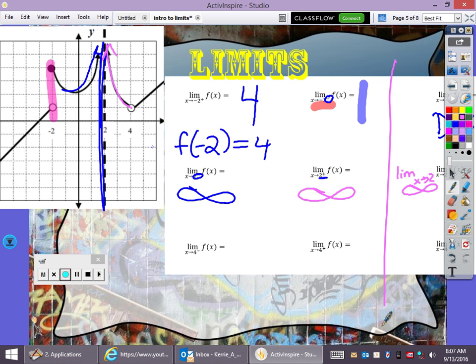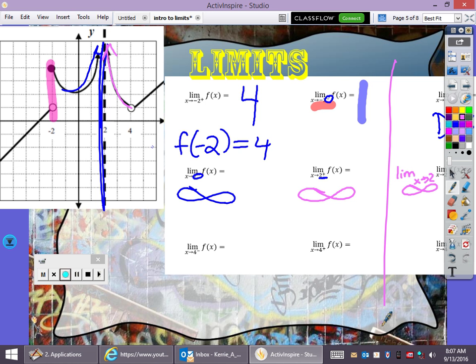I am now speaking to the exact limit, which is not on your paper. We will get to it later, but some people wanted to add it to their paper. Let's look at the last one, and then we're going to do some more practice, and little by little it should sink in.